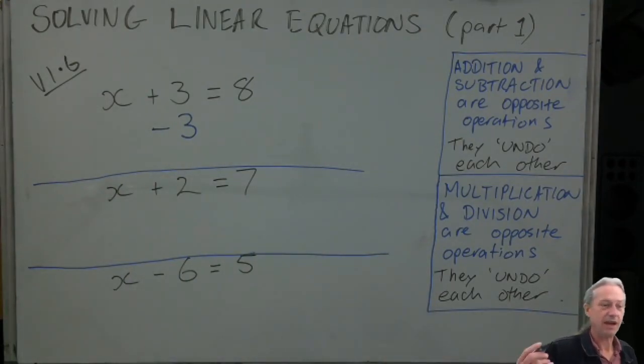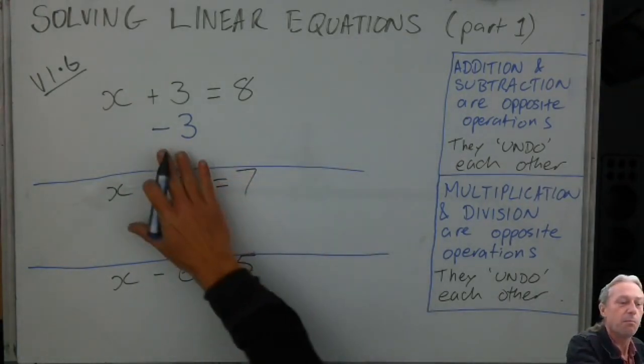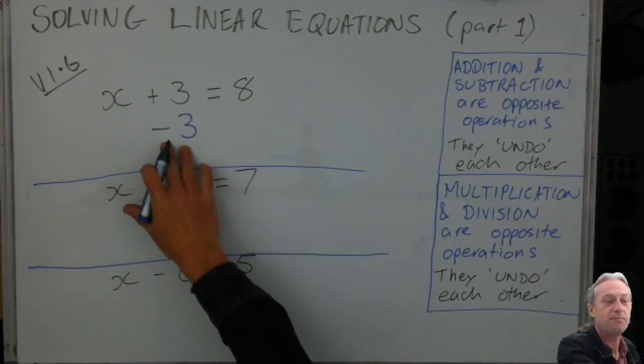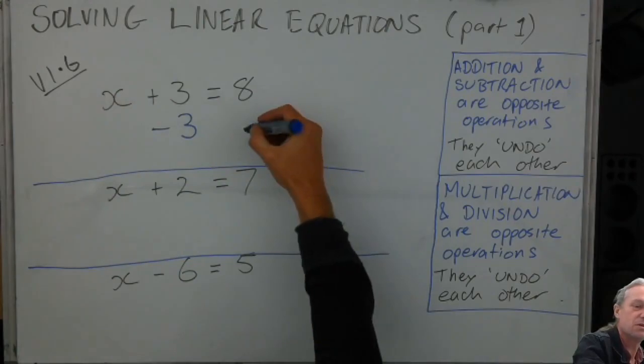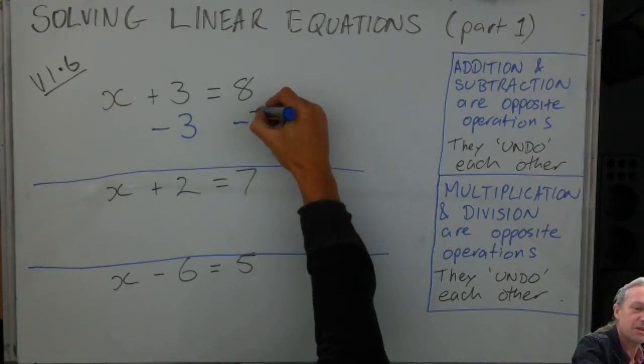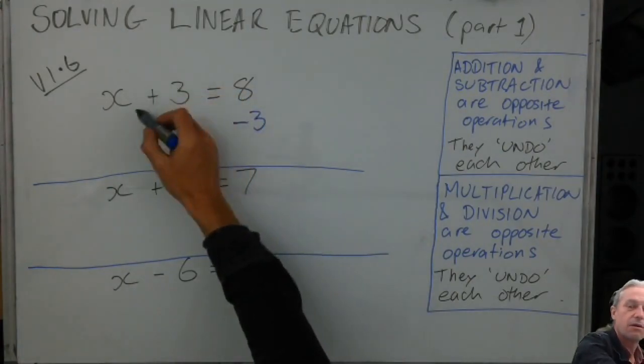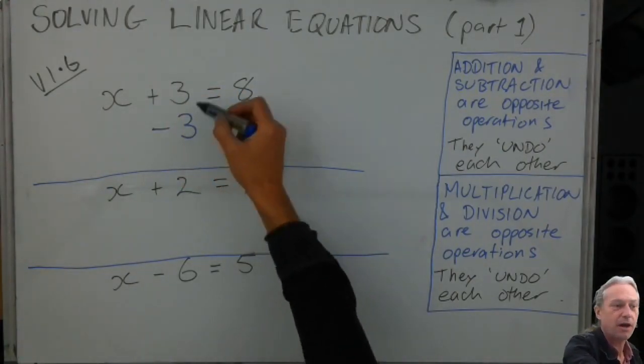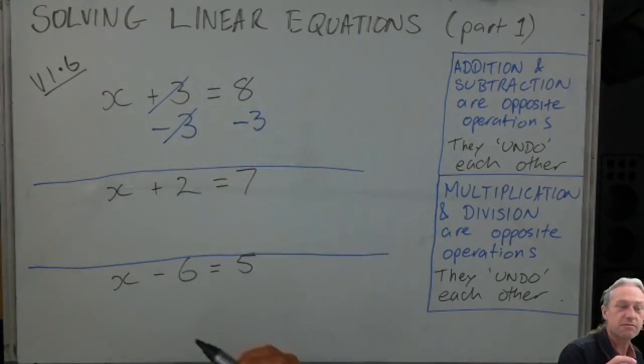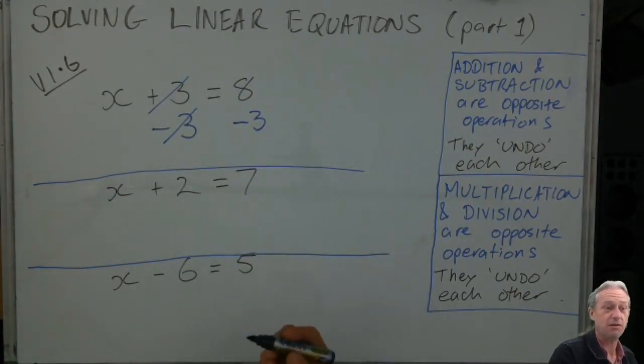We're sort of adding 0. But if we're going to subtract 3 from this side, we also need to subtract 3 from this side. So when we add 3 and then take 3 away, that cancels out. That's effectively our 0.